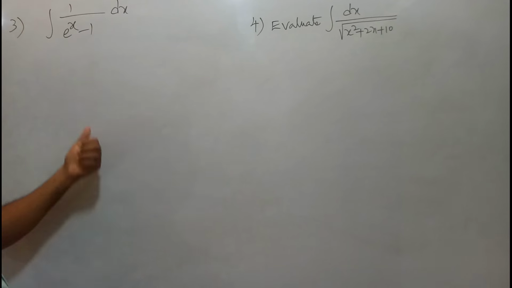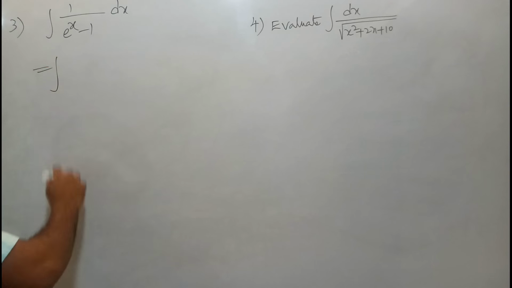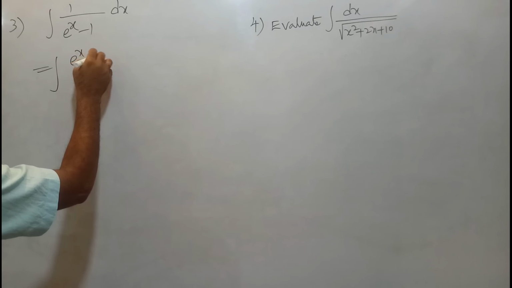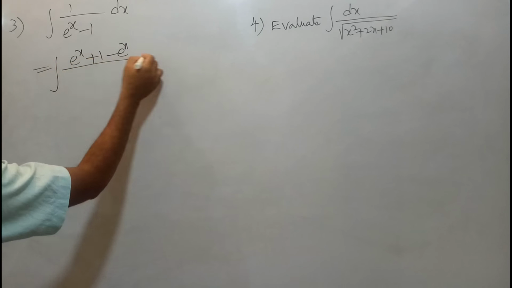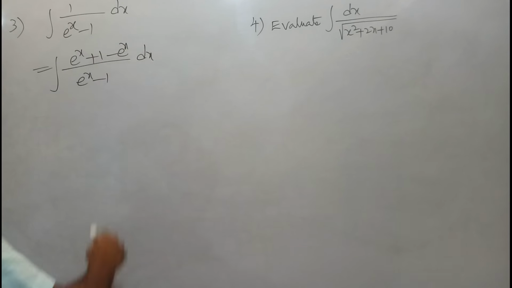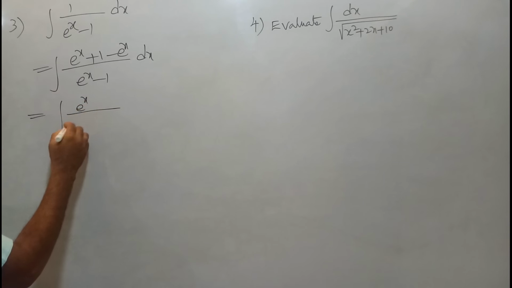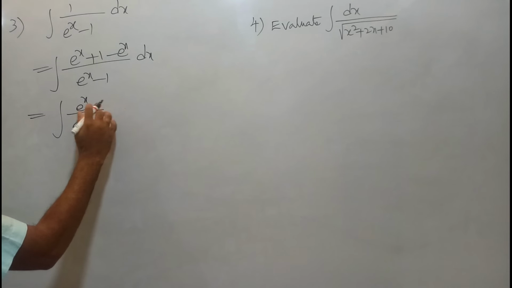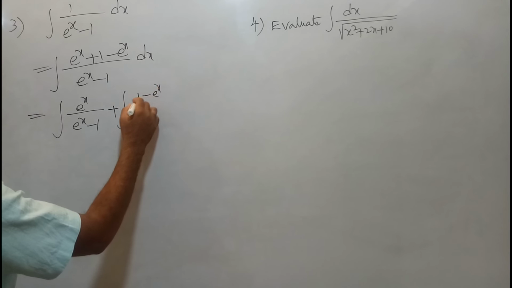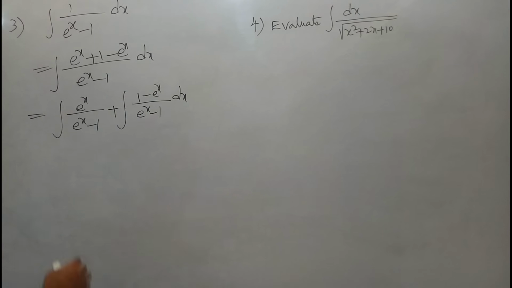Third, integral 1 by (e to the power of x minus 1) into dx. In the numerator, I am adding and subtracting e to the power of x, so (1 plus e to the power of x minus e to the power of x) by (e to the power of x minus 1) into dx. Integral e to the power of x by (e to the power of x minus 1), plus integral (1 minus e to the power of x) by (e to the power of x minus 1) into dx.